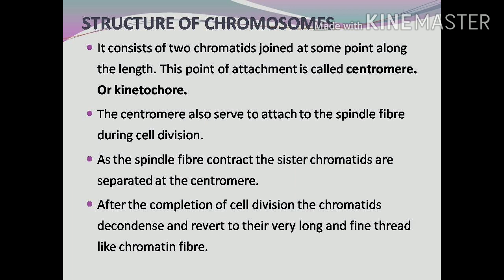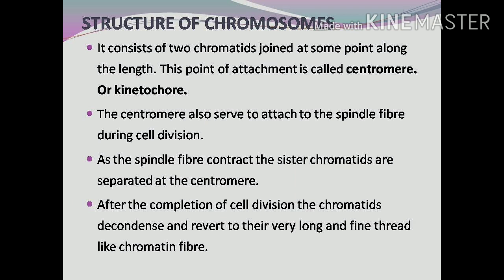Here two chromatids join together at a particular point. That point is called the centromere. It appears as a small constricted region. Each chromosome's centromere is located at a particular site. The centromere also serves to attach the spindle fiber during cell division.